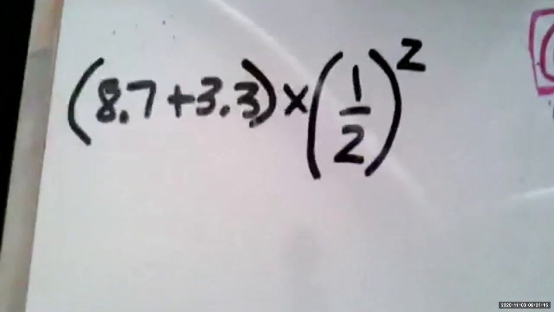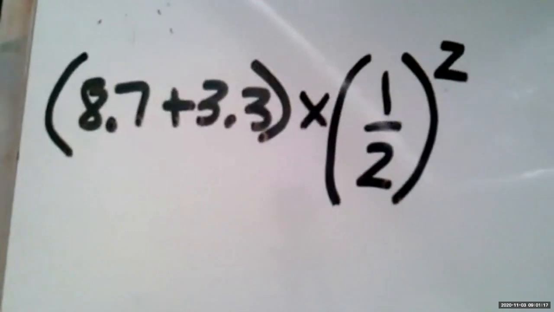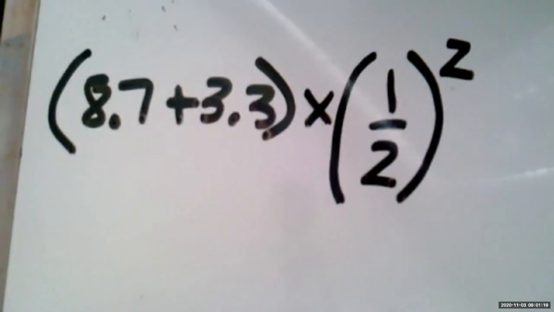Okay, so 8.7 plus 3.3 times 1/2 to the second power. Oh, someone says that one's not as difficult as the other one. That's true.